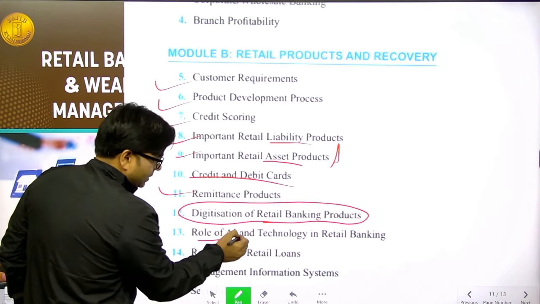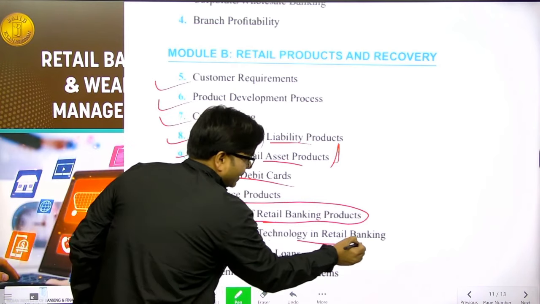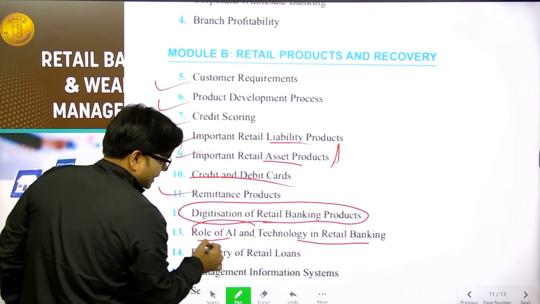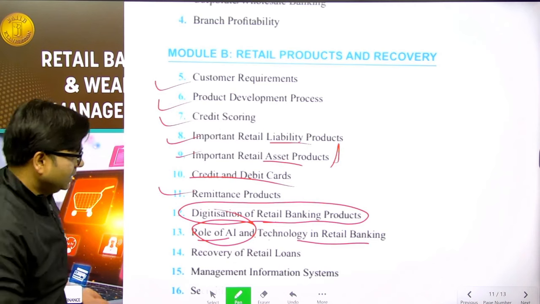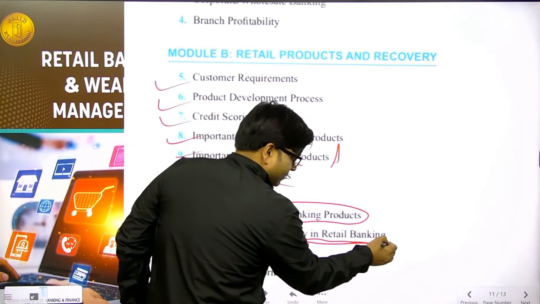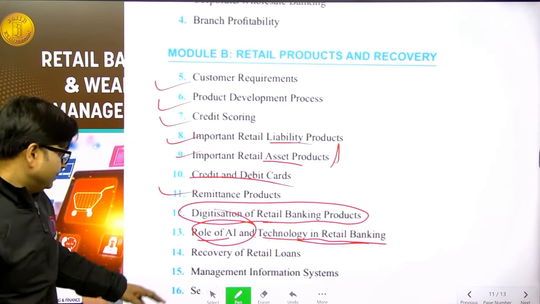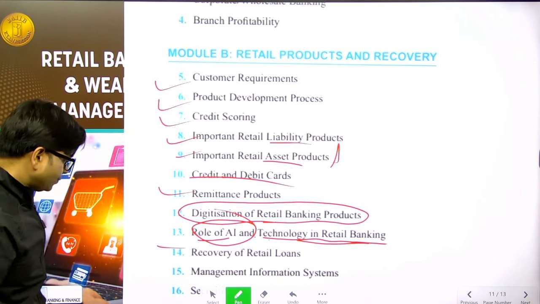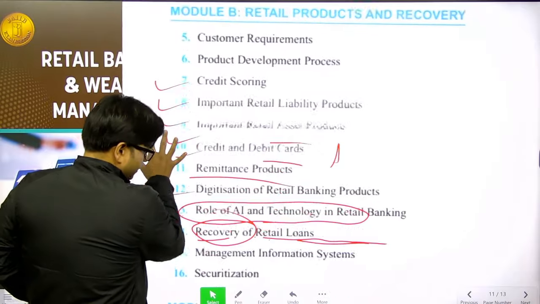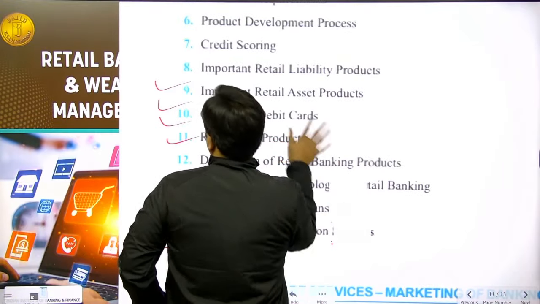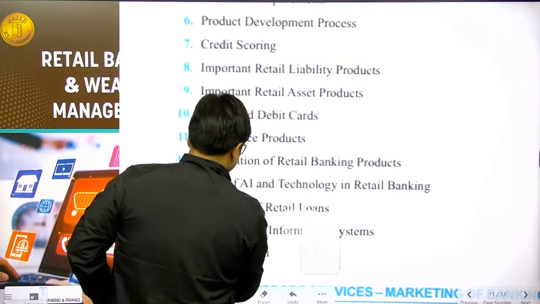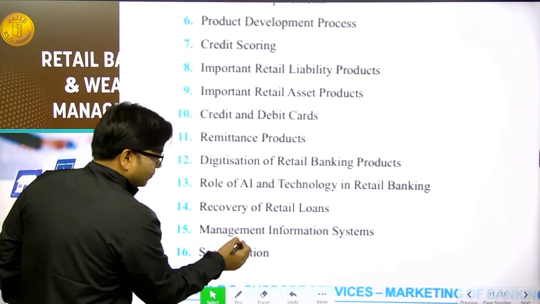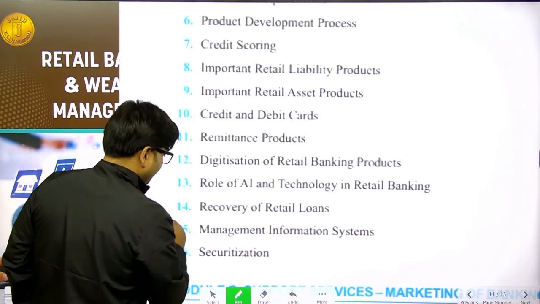Role of AI and technology in retail banking. This particular thing has been added from retail banking. Technology in retail banking was already there in the previous book. Recovery of retail loan was there. Now, management information system, this topic was not there.